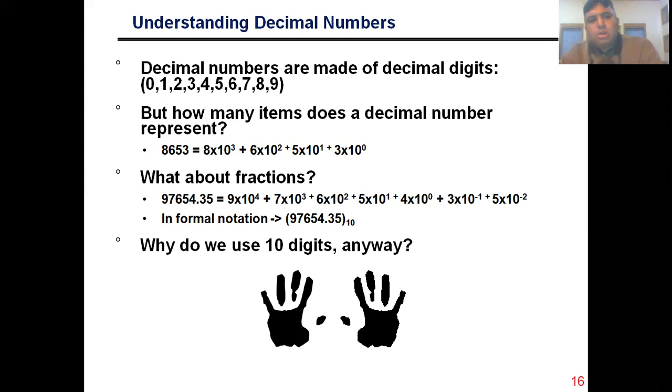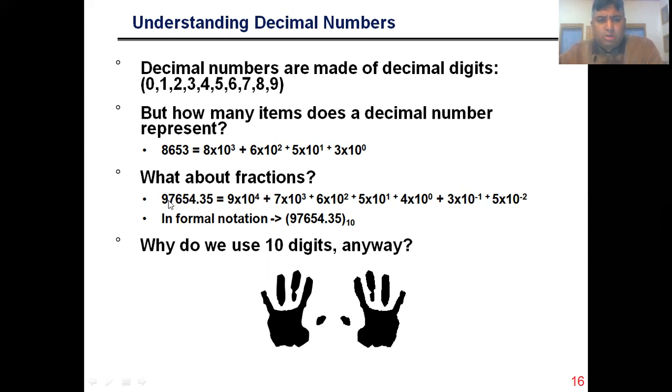The most significant digit 8 is multiplied by 10 raised to the power 3, the next digit 6 by 10 raised to the power 2, plus 5 into 10 raised to the power 1, plus 3 into 10 raised to the power 0. If we add all these, we get the decimal 8,653.